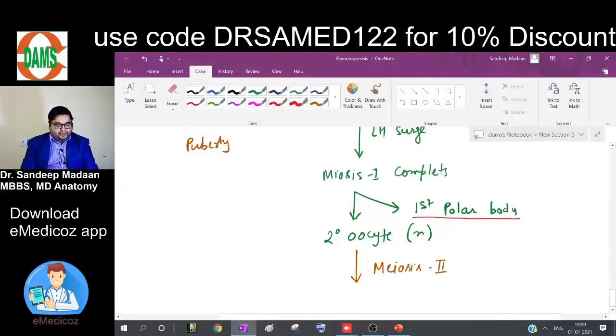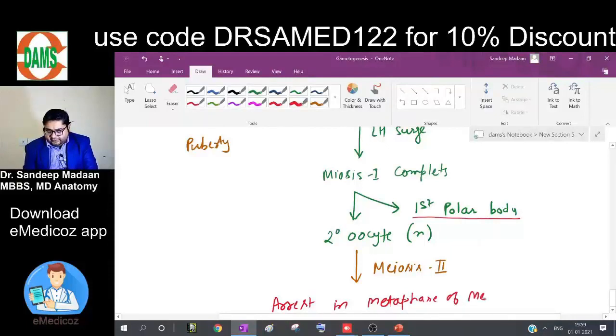Fine. Now what is the fate of this cell after meiosis 2? There is again a rest. So now there is a rest in the metaphase of meiosis 2.